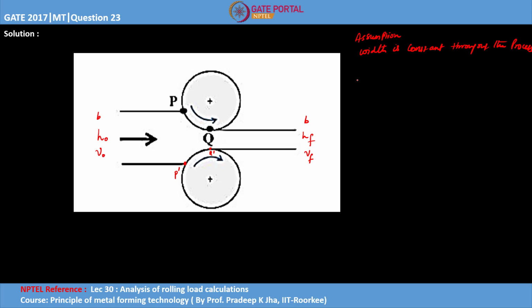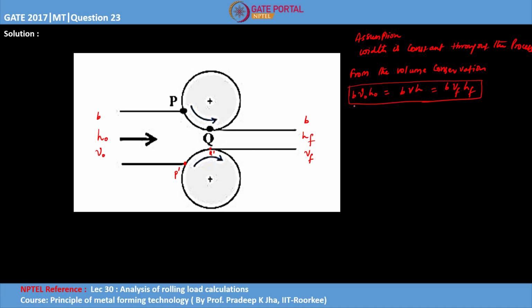Now if you do the volume conservation, at any moment b v0 h0 will be equal to b v h at any moment, which will be equal to b vf hf. So this is always going to be true for the process.